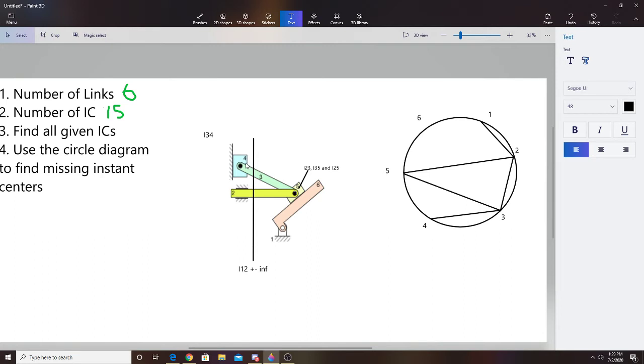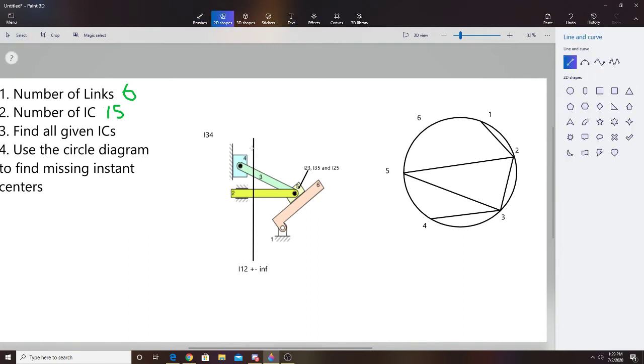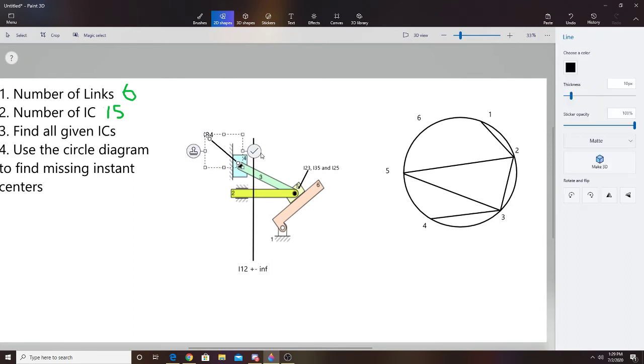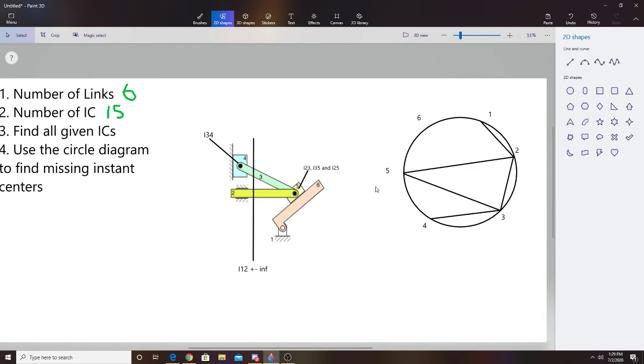So I34 is right here, that little thing, which I will draw a line to. So I34. Now let's go with I45.